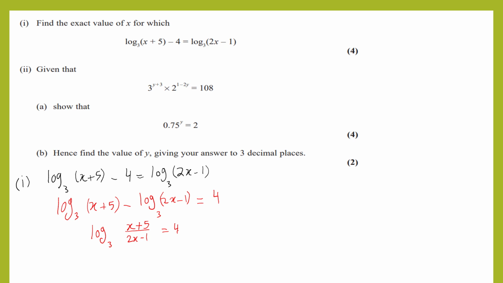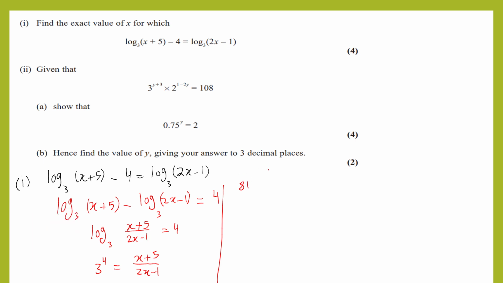So what you will do next is change to exponential form. It will be 3 to the power of 4 equals (x plus 5) all over (2x minus 1). So you can do cross multiplication. 3 to the power of 4 is equal to 81.